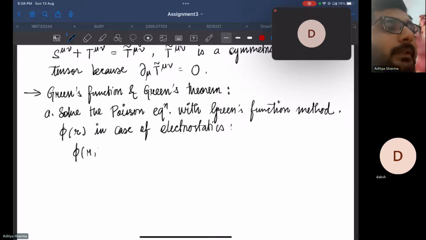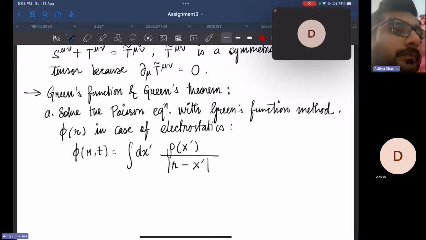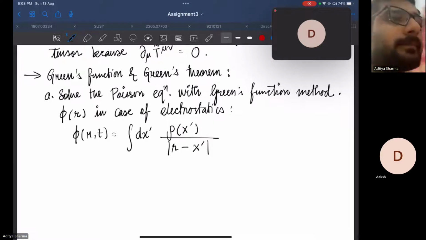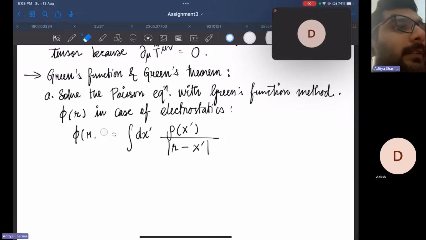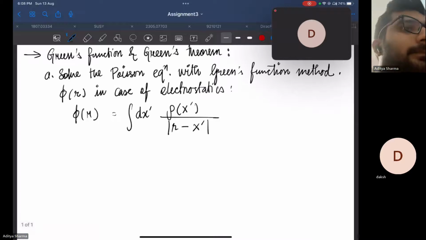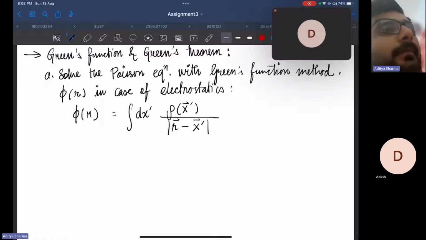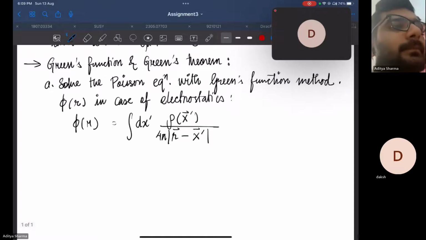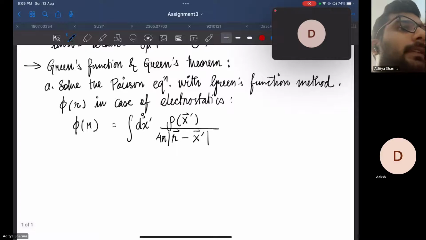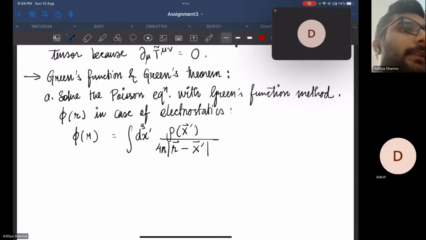This came out to be something like this, right? Am I correct? And I think there was a 4 pi here.